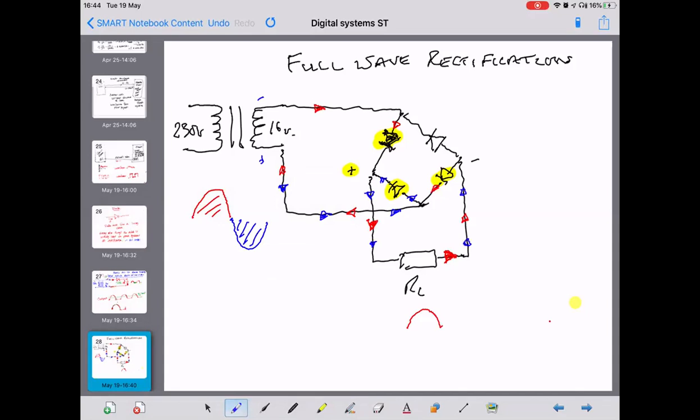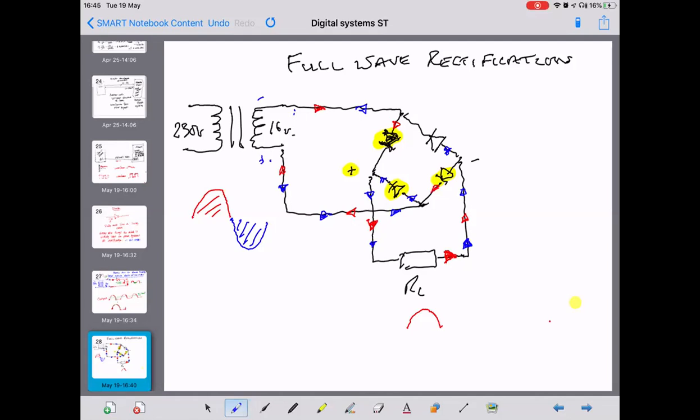But then it takes this route back up to here. So it's starting here and going back to there. But notice that the two current arrows, both the red and the blue one, are going in the same direction through the load.